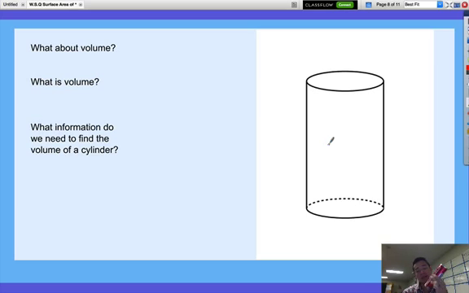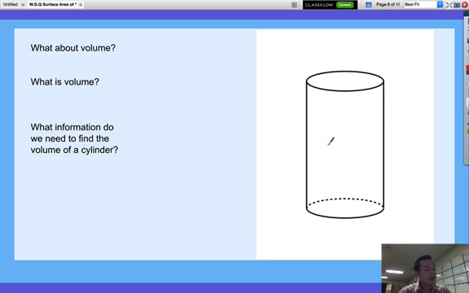Basically, that's how a cylinder is made. So in order to find the volume of a cylinder, we need to know the area of the circle multiplied by its height. Basically, I'm finding the area of one solid slinky, and then I'm just going to add it over and over till I get its solid form.